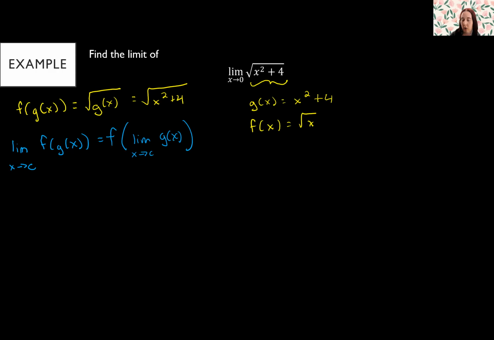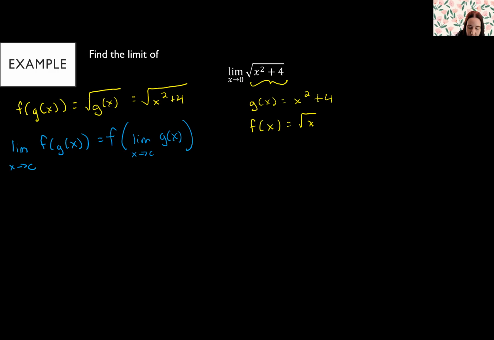So what we are going to do is find the limit of g of x. We're going to actually do the limit of x squared plus 4, get that answer, and then plug it into f.